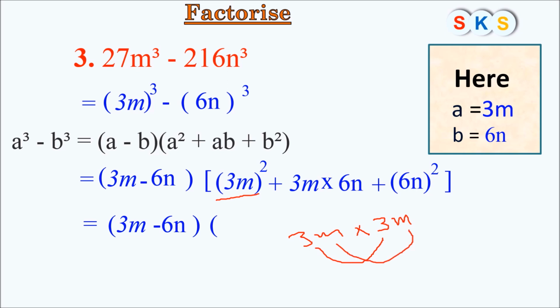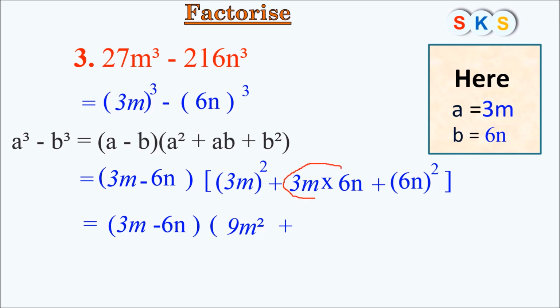So in place of 3m square we will write 9m square, plus, now after that what you can see over here is 3m into 6n.